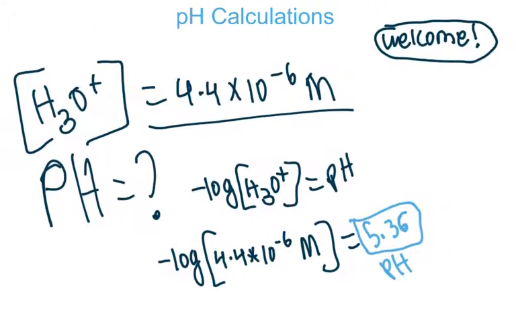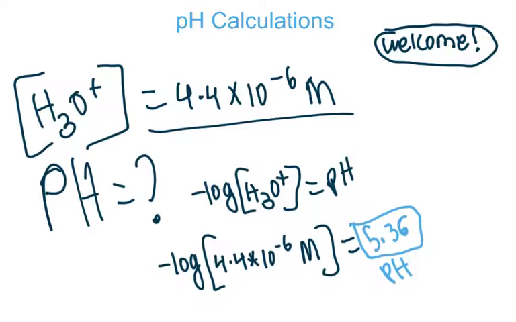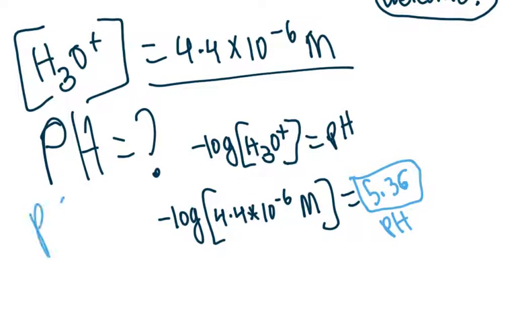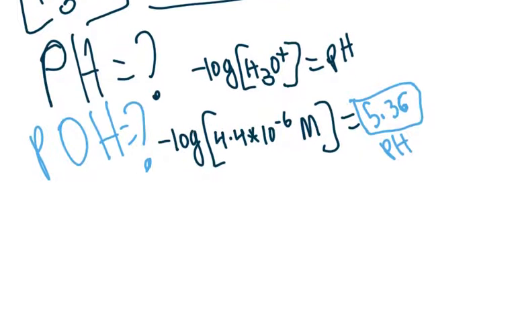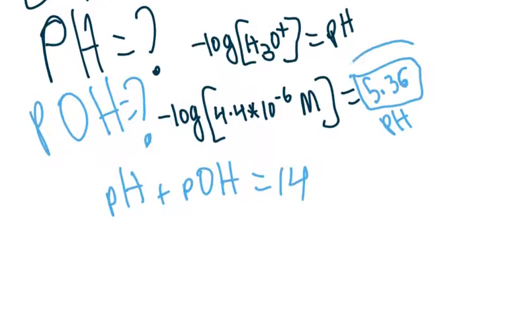So what if we also had to know the pOH? Automatically, remember that the pH scale goes to 14, so the pH plus the pOH is equal to 14. We just found the pH, so we can find the pOH.